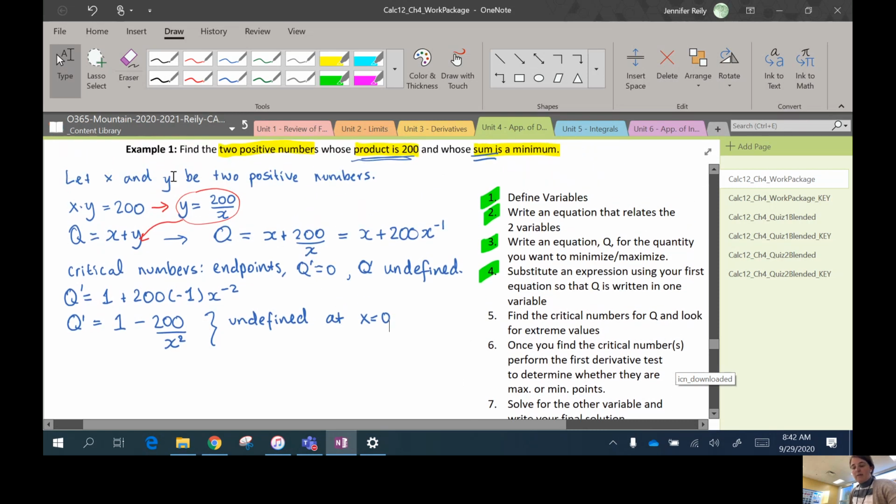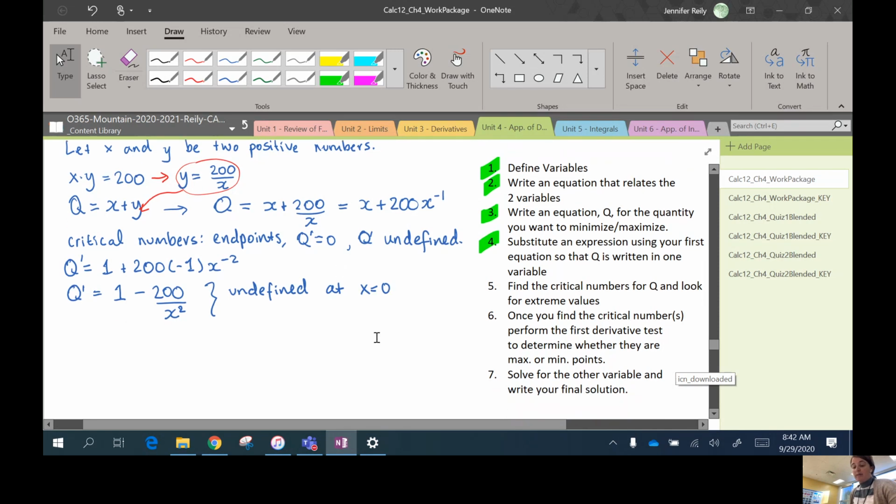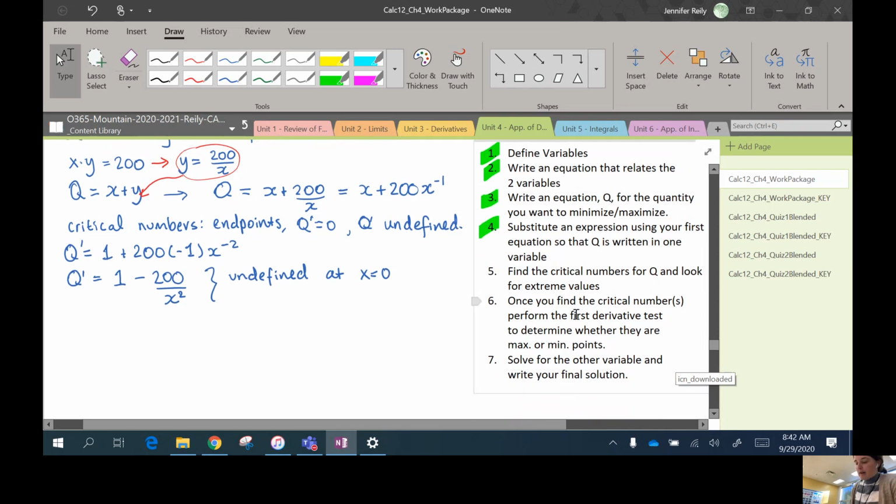Well, x and y must be positive. So x equals 0 is not even a possibility. I'm looking for a positive number. Since x must be greater than 0, this is not considered a critical number.